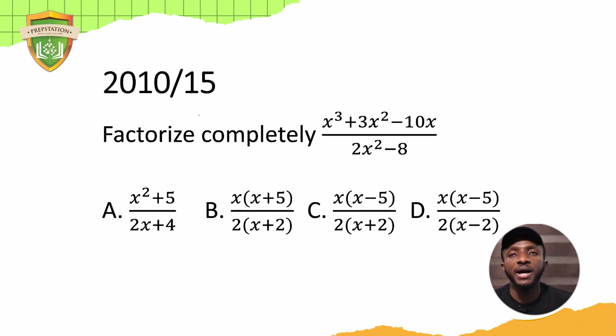Now let's go to this. It says factorize completely. Now this is a polynomial question. Factorize completely. x cubed plus 3x squared minus 10x over 2x squared minus 8.